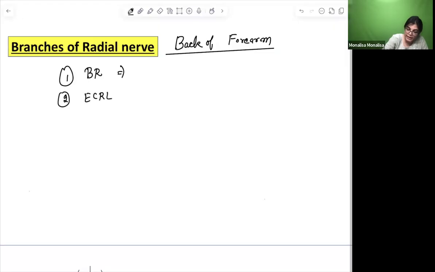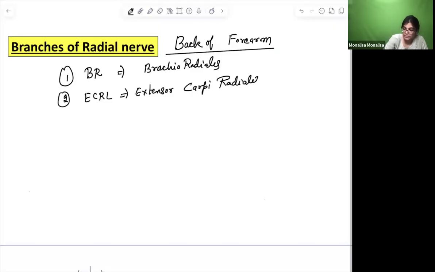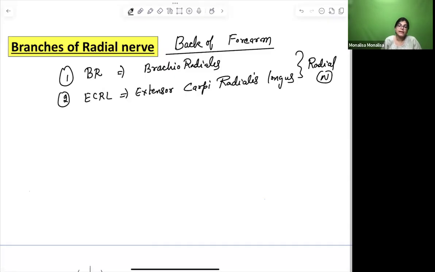Full form: brachioradialis and extensor carpi radialis longus. These two muscles are directly supplied by the radial nerve.